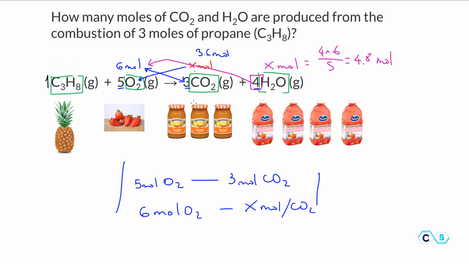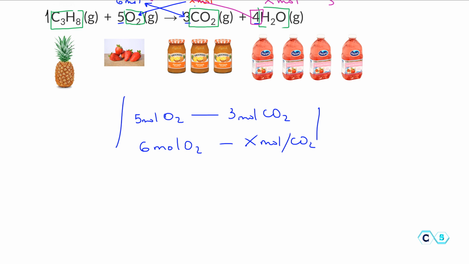And if the amounts of the reactants are given, for example, in grams, let's say you have a problem where the amount of propane is given in grams. Let's say you have 5 grams of propane. What you want to do is convert this to moles, and then you can find the moles of CO2 and H2O based on the mole ratio.